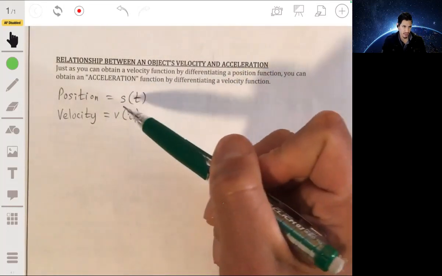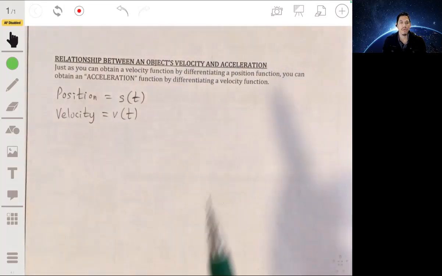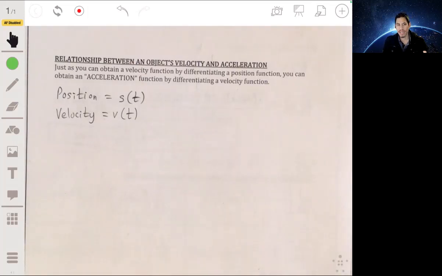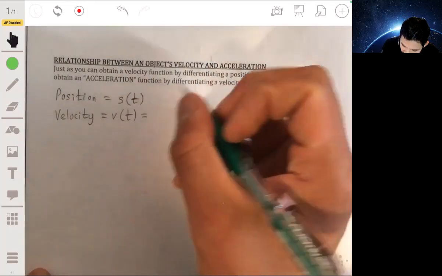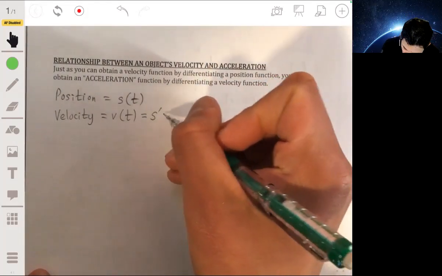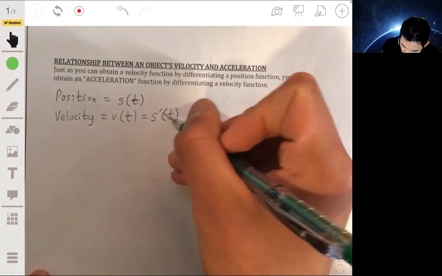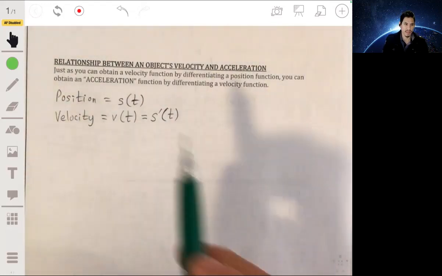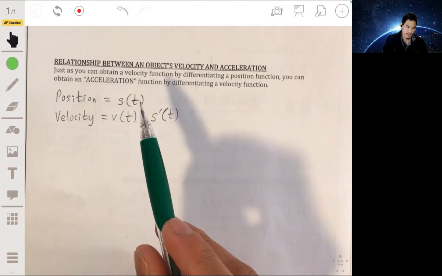So what's the relationship between position and velocity? Well, position tells you where you are at some point in time, but velocity tells you how your position is changing at some point in time. So in other words, velocity is the derivative of position. We can write v of t also as s prime of t. So velocity is the first derivative of position.